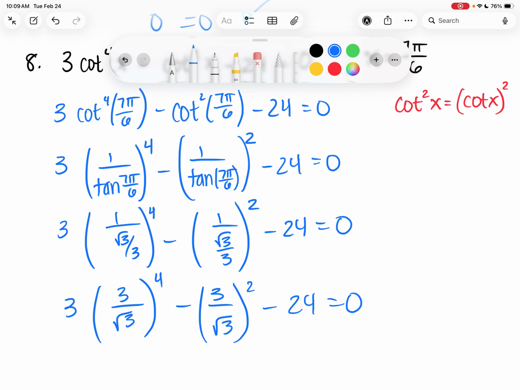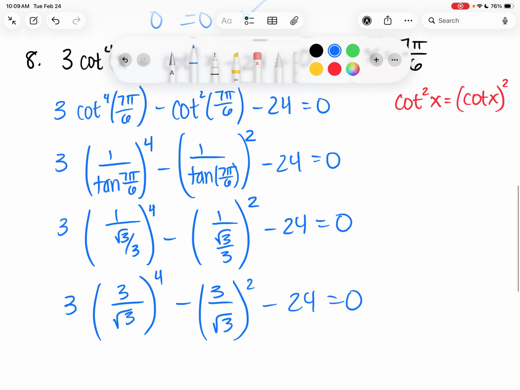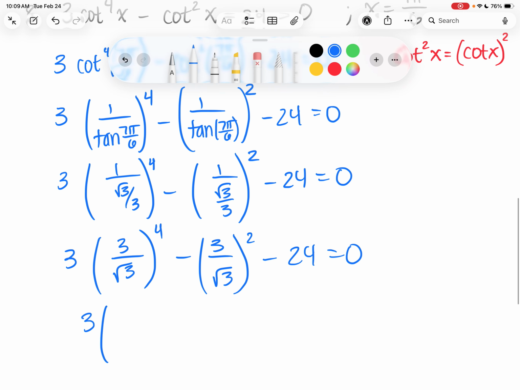So this 4 goes on both things. What's 3 to the 4th? 81. And then the square root of 3 to the 4th would be 9. So that's 81 over 9.